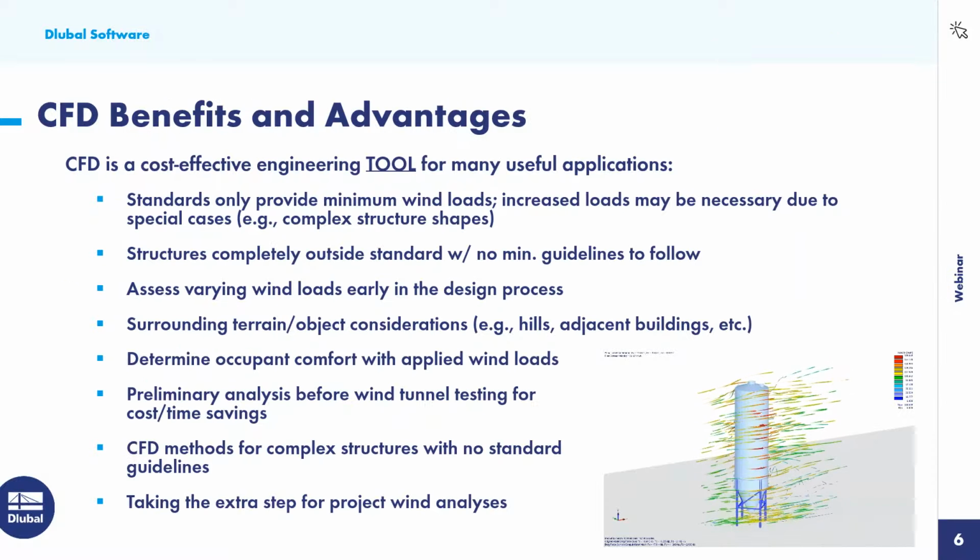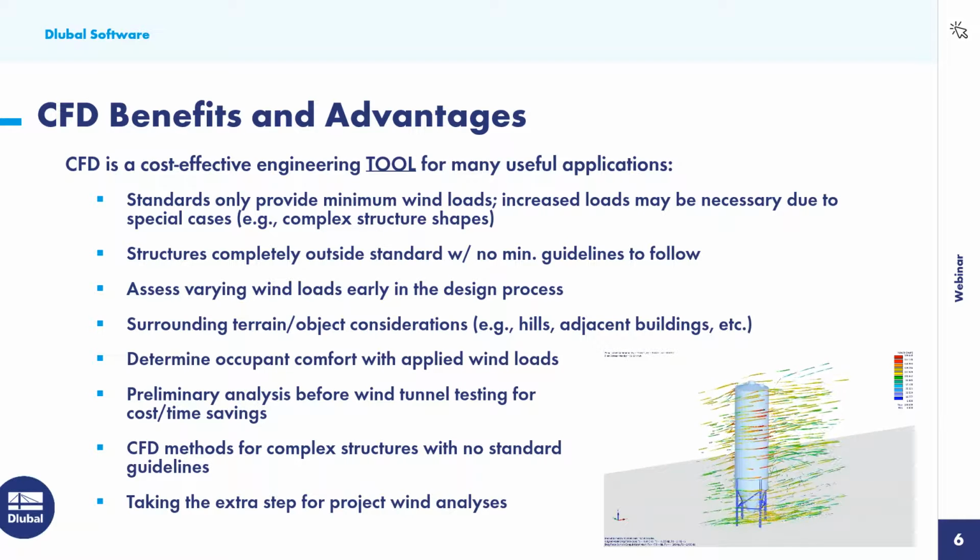On this next slide, I want to lay out a few benefits and advantages that we can find when carrying out a CFD analysis. Essentially, a program like RWIND is a very cost-effective engineering tool for many useful applications. And I put a lot of emphasis on the word tool here because we're by no means suggesting that this program should take the place of the requirements within the standard, but how can we use this in addition to the standard?